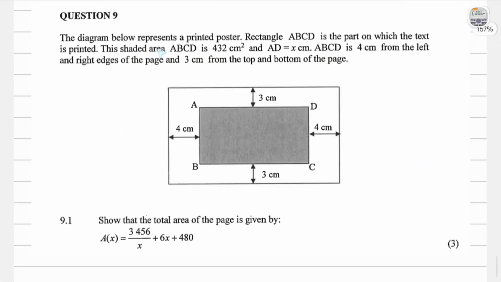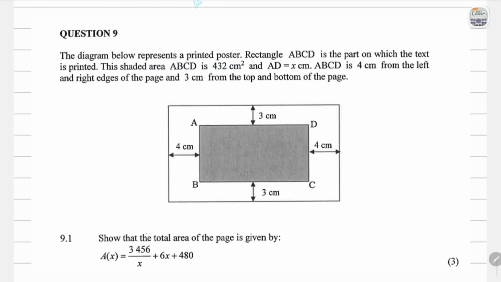Question 9 says, the diagram below represents a printed poster. Rectangle ABCD, this rectangle that we have over here, is the part on which the text is printed. The shaded area ABCD is 432 centimeters squared, and AD is equal to x. So let's mark that. ABCD is 4 centimeters from the left and right edges of the page.